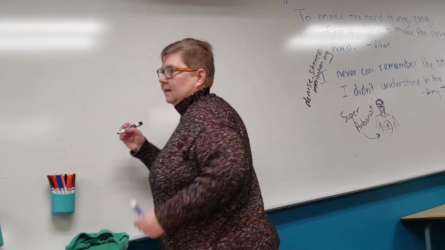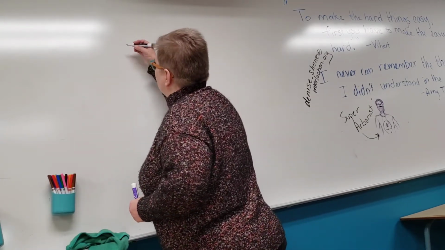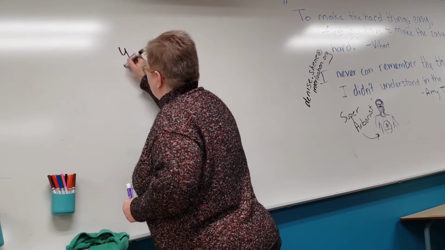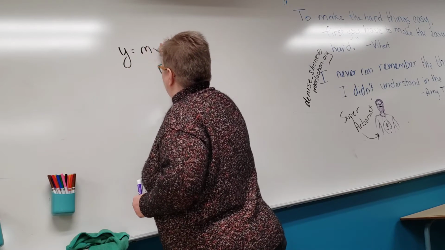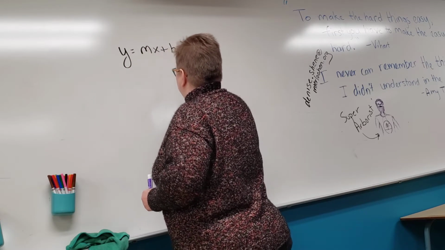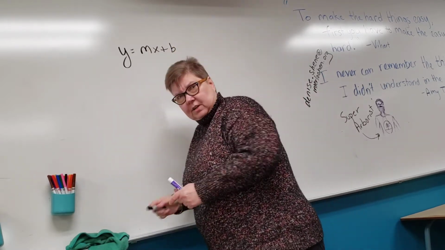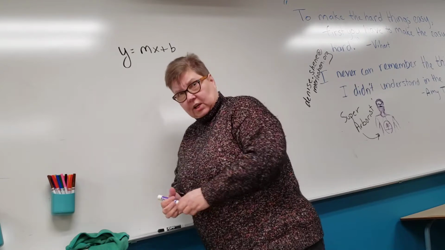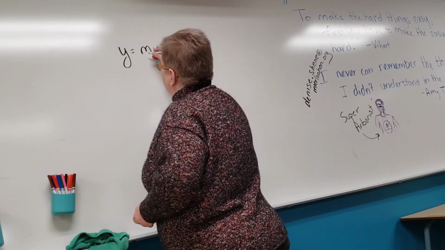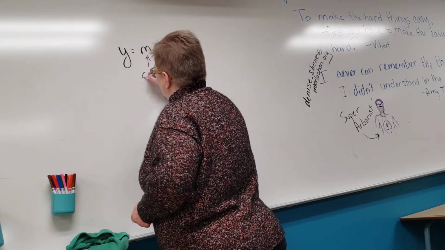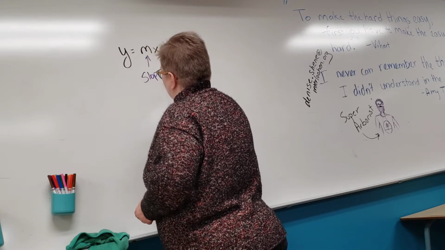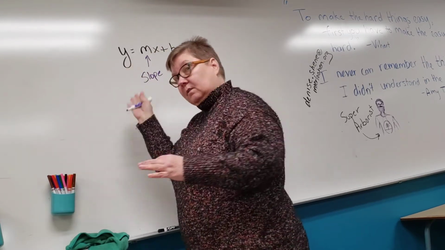So the big thing we're going to be talking about in this next section is y equals mx plus b. Now, I'm going to give you the version that we are eventually going to get to. M is called the slope, and that is how angled the line is.